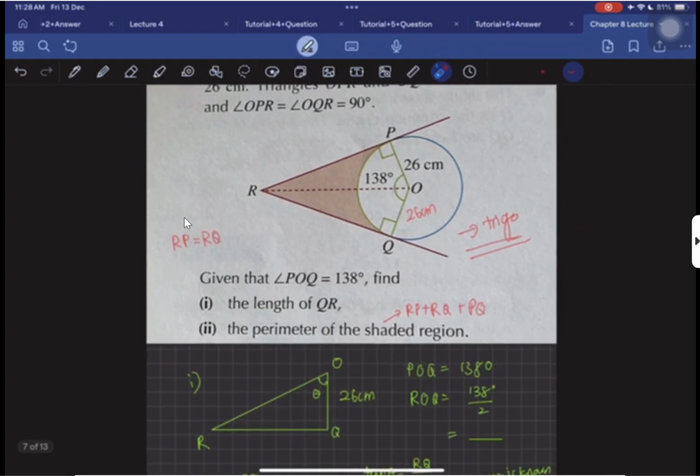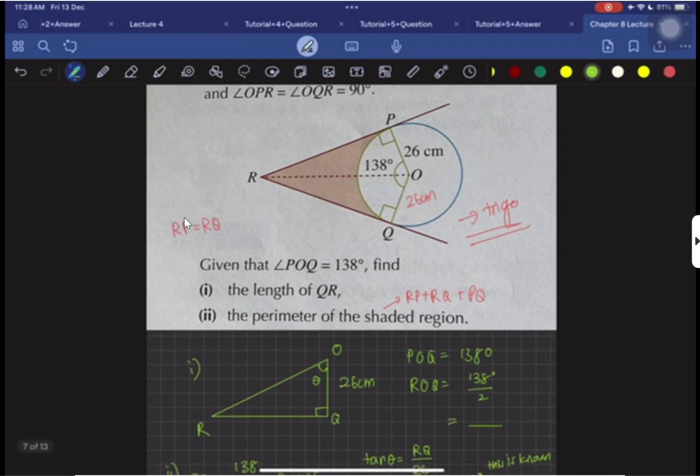Okay, so isolate the triangle, draw the right angle. So if you draw the right angle, you have this triangle, and then your first step is to find your ROQ. So ROQ is basically half of 138 because they are both congruent triangles.